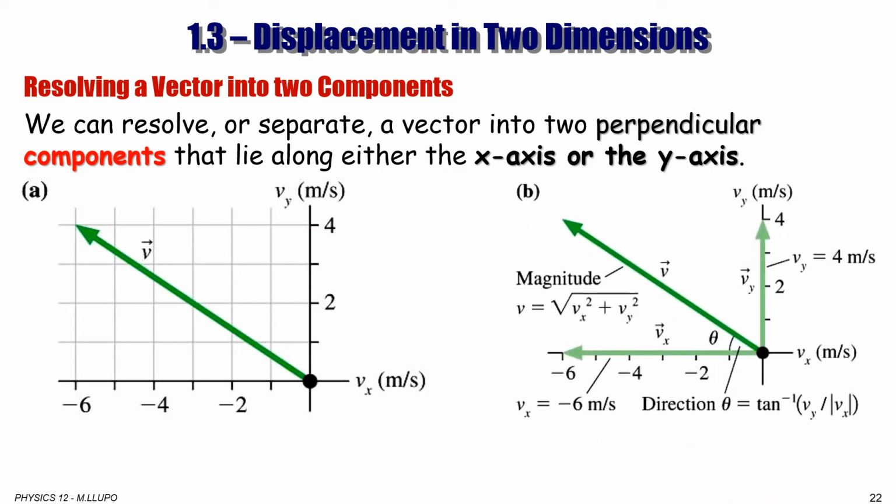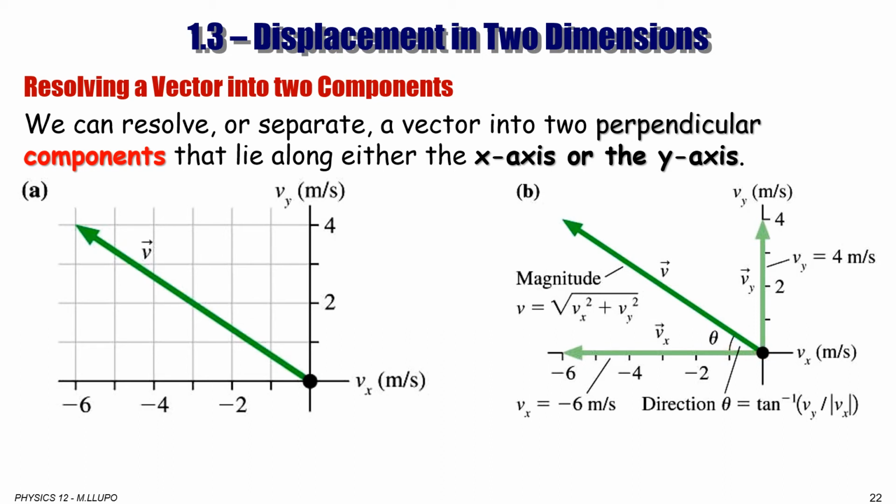And you can go even further. By having those two components, 4 and -6, you can calculate the magnitude of the velocity, which is the square root of x component squared plus y component squared. And you can use tan^-1, opposite over adjacent, to find the angle theta that this vector forms with the x-axis.